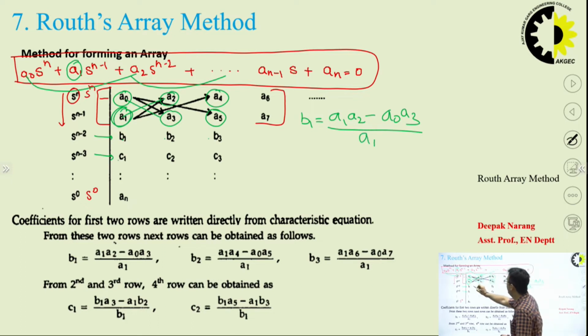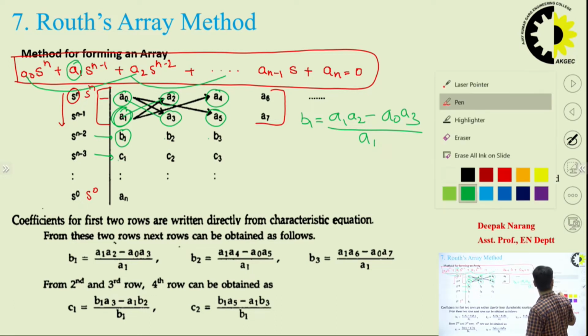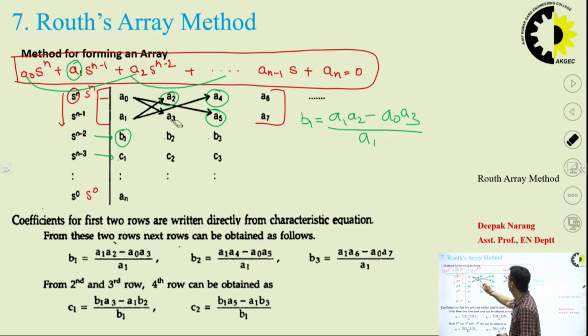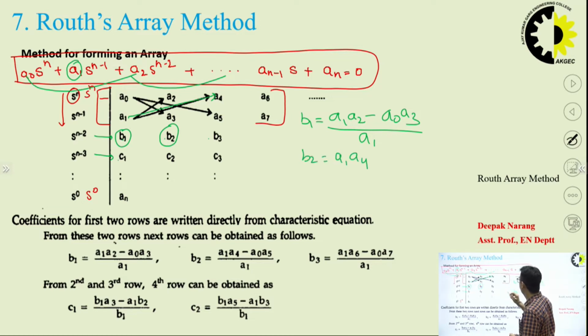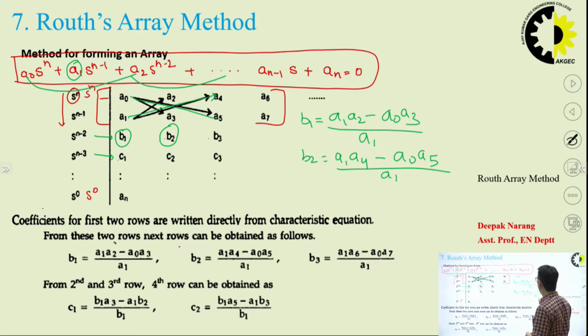So this is the value of B1. Further, B2 is obtained by multiplying A1 with A4 minus A0 with A5, divided by A1, and so on.